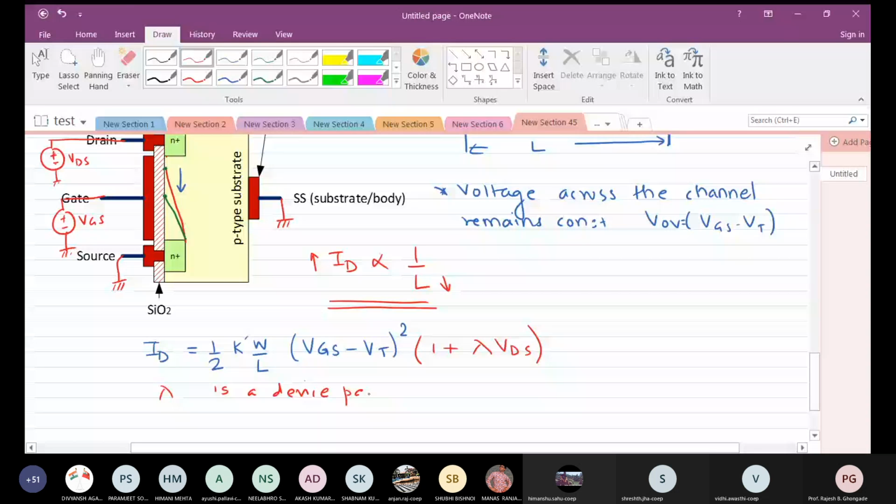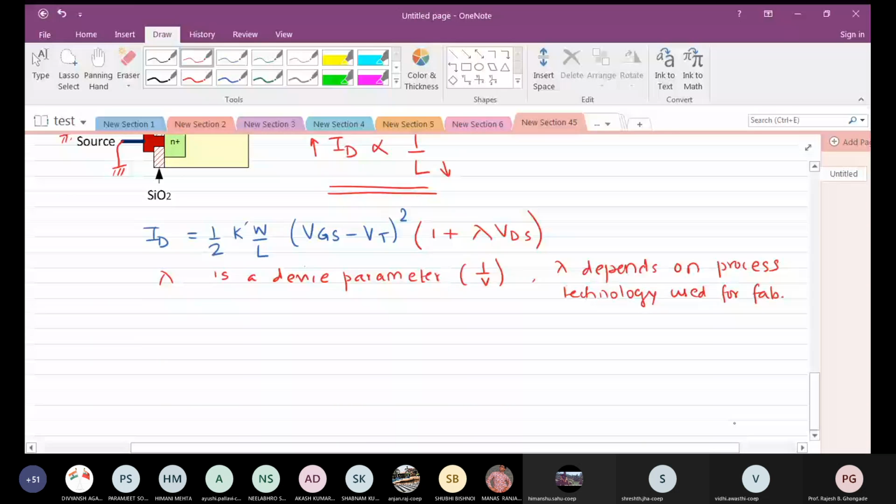Its units are 1 over volts. The value of lambda depends on the process technology used for fabrication, and also on L. Now the actual characteristics take the form of a very peculiar figure, which I will show you in a couple of seconds.